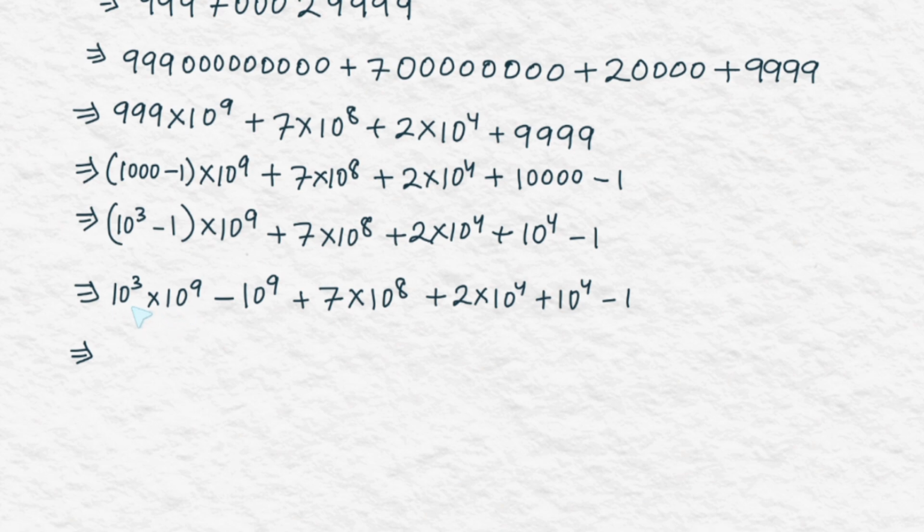Now we'll solve this. As we know that the bases are the same, which is 10, their powers will be added. Therefore this will become 10 to the power 12 and then 10 to the power 9.